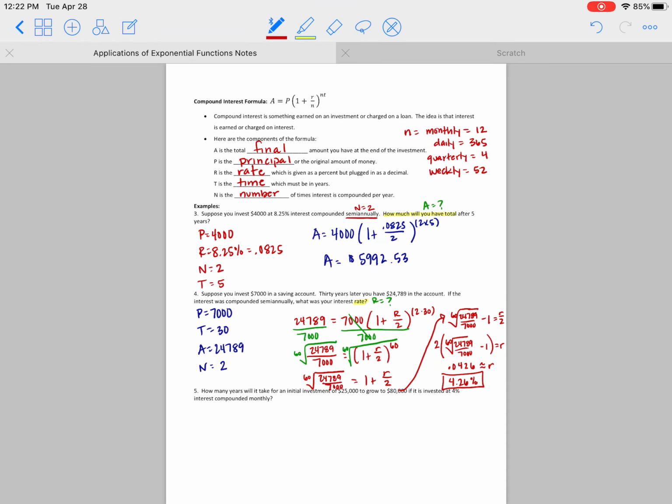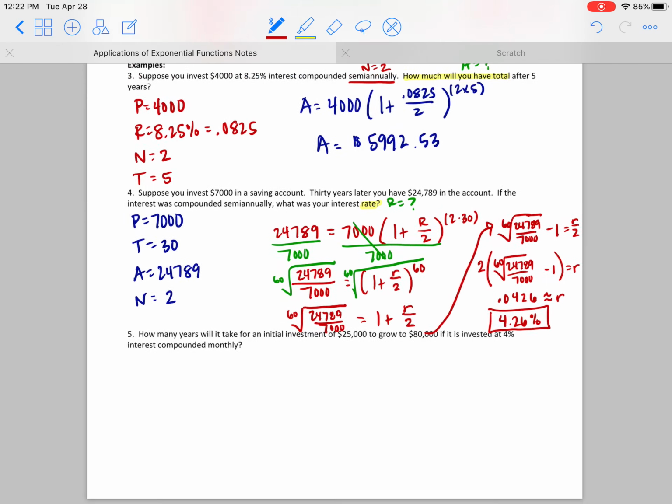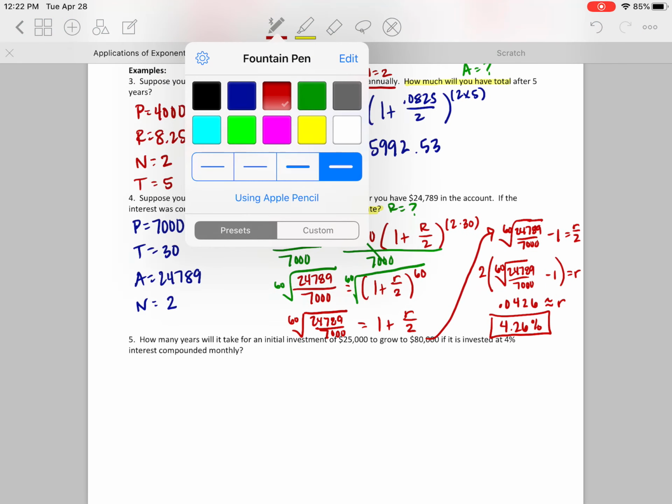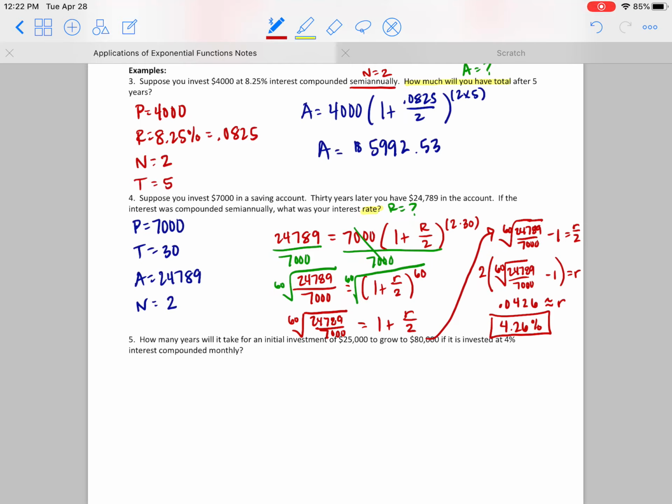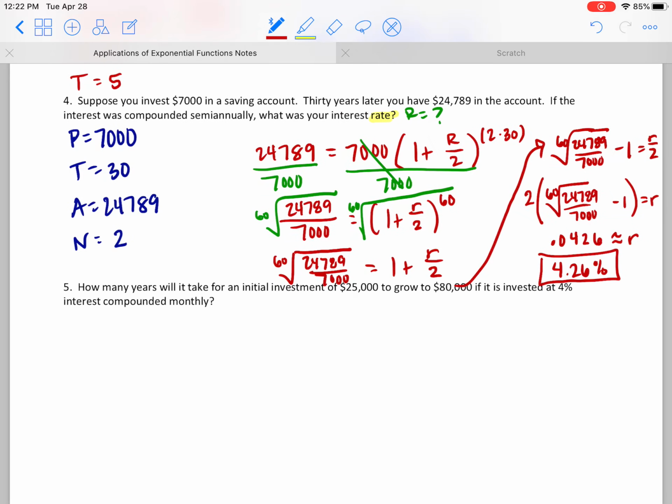And that gives us 0.0426-ish for r. So we're looking at about 4.26% for that rate. That was significantly more challenging than the other problem because we had to solve for something different. But hopefully that makes sense, we've seen it before. Okay? Let's try the next one.